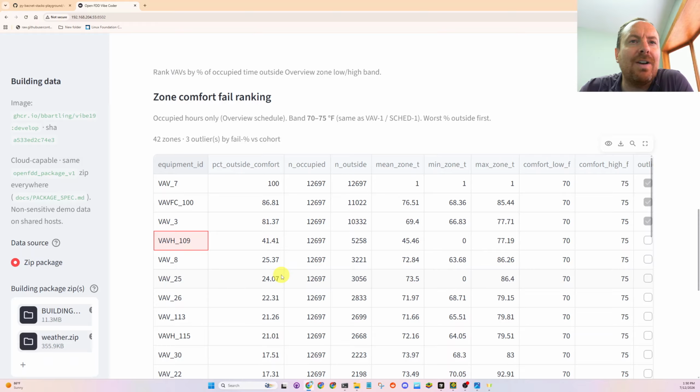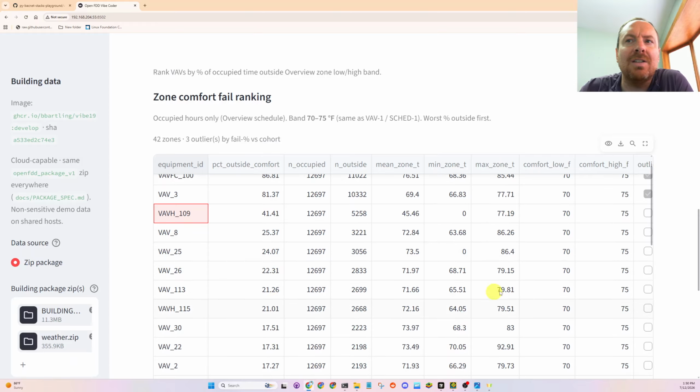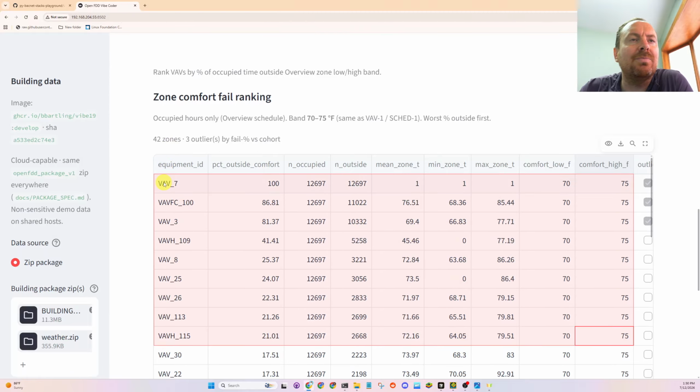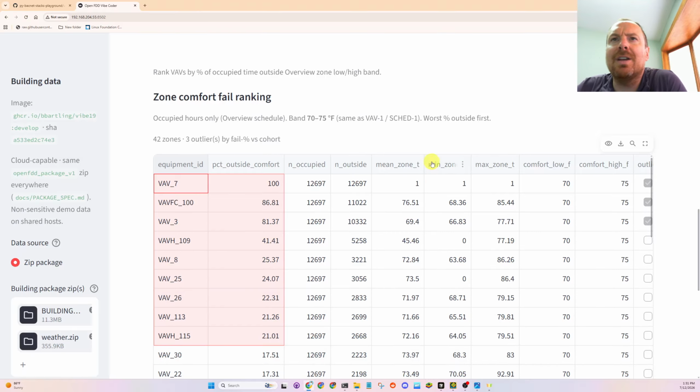If I was in the service department, I would go on the next control visit for updates and look at these top 3 for sure, and then if you have time, maybe check out these ones too. But this guy is 100% outside of that comfort band, and then these guys do very, very poor as well.